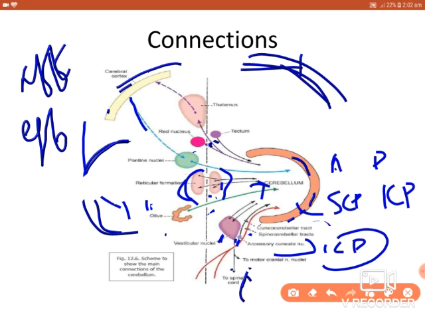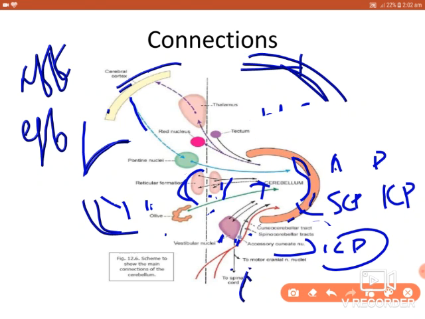Then here you can see the tectum, which is a part of the midbrain. The tectocerebellar fibers carry mainly auditory and visual impulses through the inferior and superior colliculi to the cerebellum.